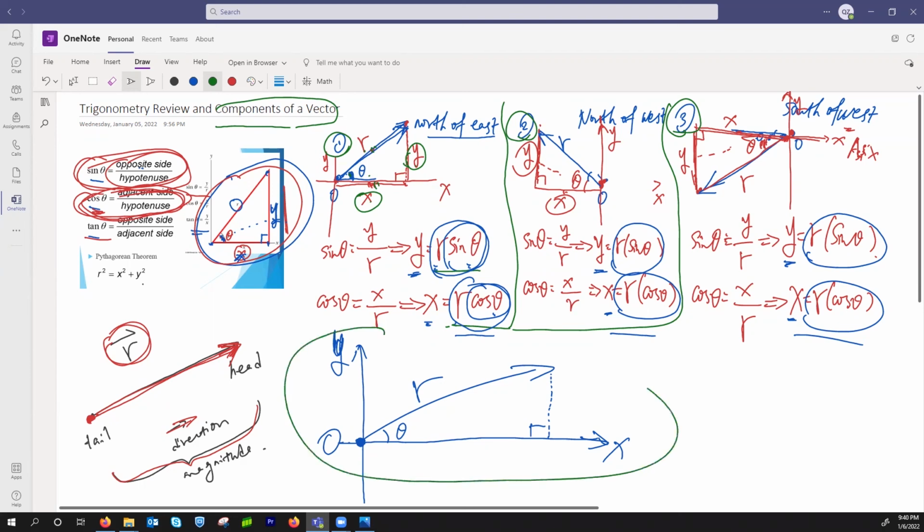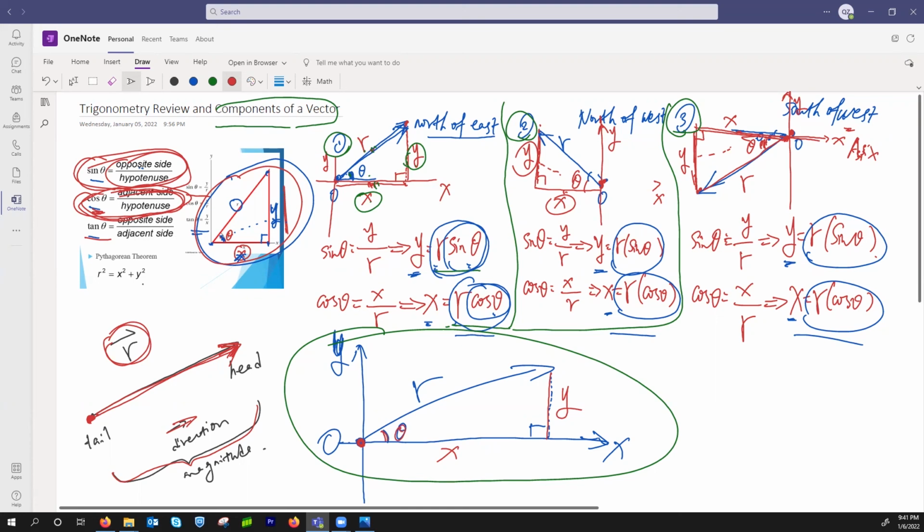This is just a general situation. With this right triangle, the horizontal component is the x component, and the vertical component is called the y component. And if you are able to build this right triangle from the tail and use the angle that is connected to the tail, that is very important.